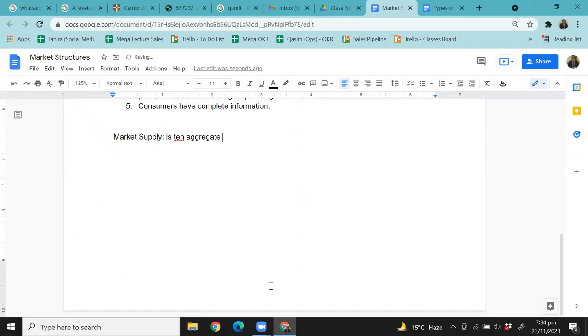Aggregate means combined. Market supply is the aggregate supply from all producers producing a certain product in the market.